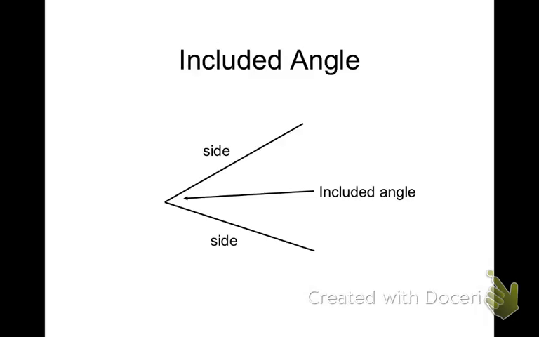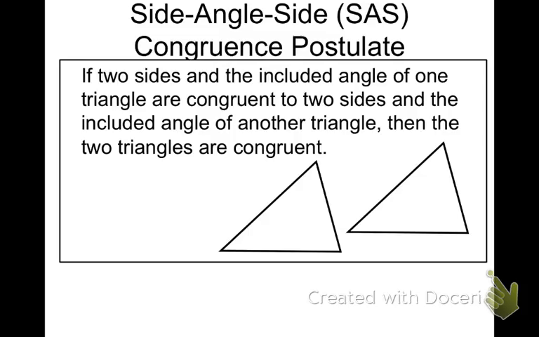All right, so our next postulate we have is the side angle side congruence postulate. Again, this is the only time you have to write it in if-then form, because on your proof, I will allow you to just write SAS congruence.